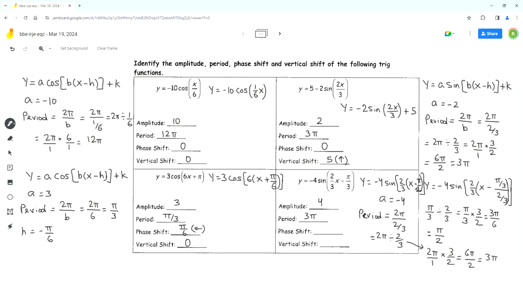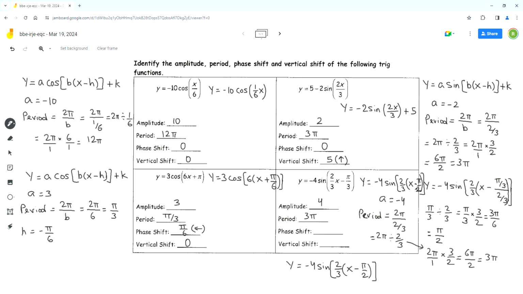Now the phase shift is the h value. In this case, after we factored out 2 over 3, we got x minus pi over 2 in the parentheses. So I'll write the equation again here just to make it clear. y equals negative 4 sine 2 over 3 times x minus pi over 2.